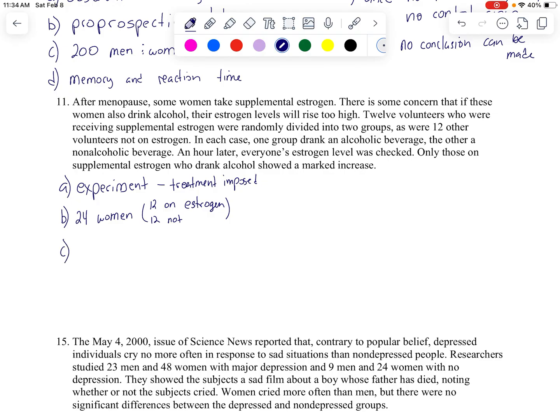So part C, it looks like the treatment, the factor, was the alcohol. It happened on two levels. They either got alcohol or they did not. Now this one varies a little bit differently because there's actually going to be four treatments.